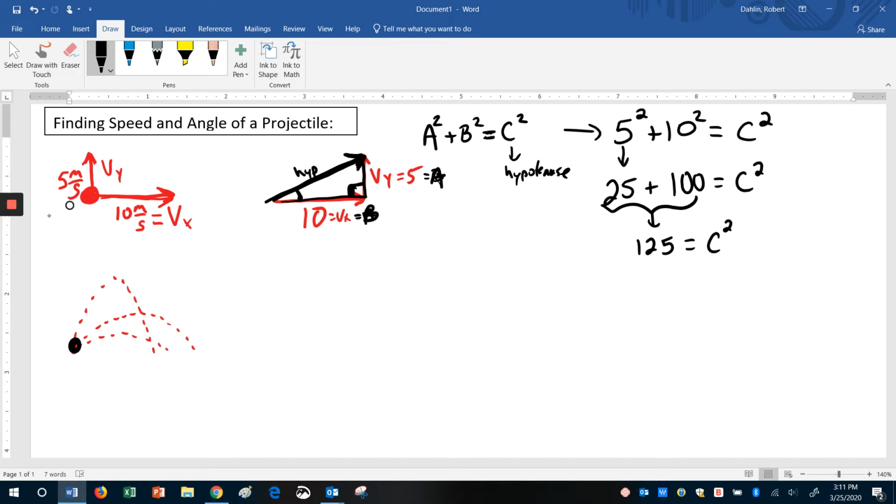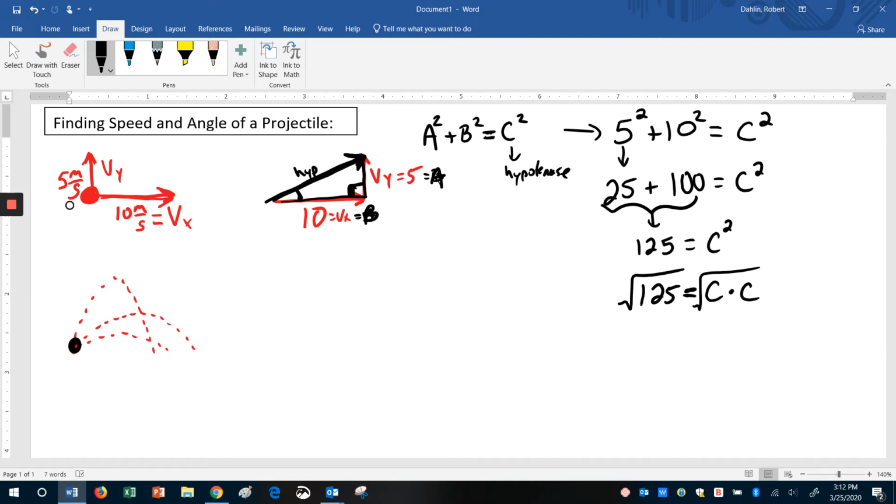And then to get the C, right now what this is actually saying is 125 equals C times C. So we're asking ourselves the difficult question: what number multiplied by itself would give us 125? Well, to get rid of that, the opposite is to take the square root.